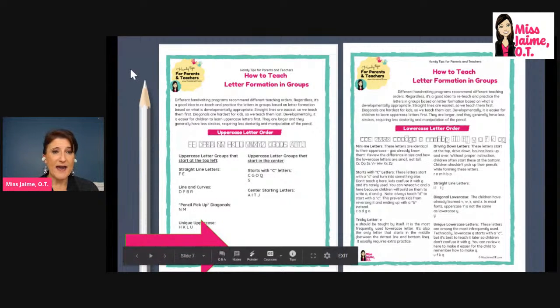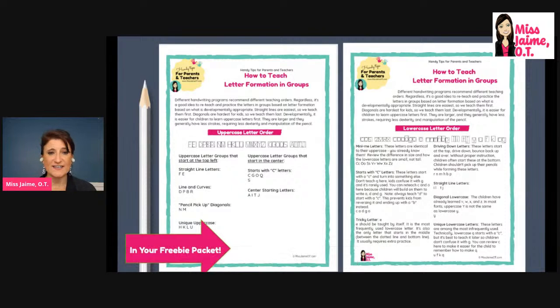So in your freebie packet, we have these 2 pages. I kind of love these. They're like a cheat sheet. We're going to talk about teaching the letters in developmental order. And I've listed it here for you. So this is an awesome, awesome handout to give to parents, to put in the kids' folders, to take home, to hand out to teachers if you're a therapist.